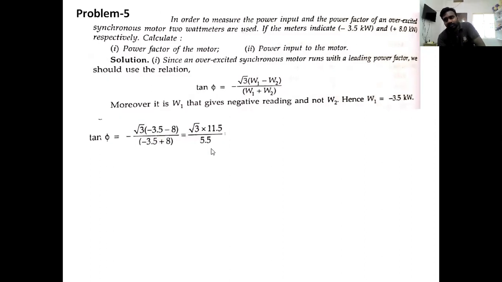What is the expression and the value of tan phi?